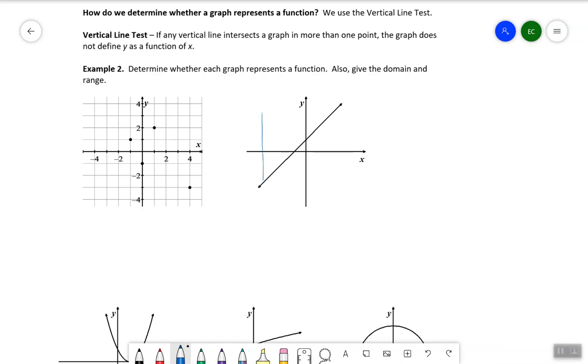And so when you draw a vertical line here, it only hits the graph one time. And if you draw a vertical line here, it only hits one time. And here it only hits one time. And if you draw it over here, it in fact hits one time as well, right? Because the arrow here says that the graph continues forever in this direction. Okay, so any vertical line hits exactly once, and so therefore this graph is a function.